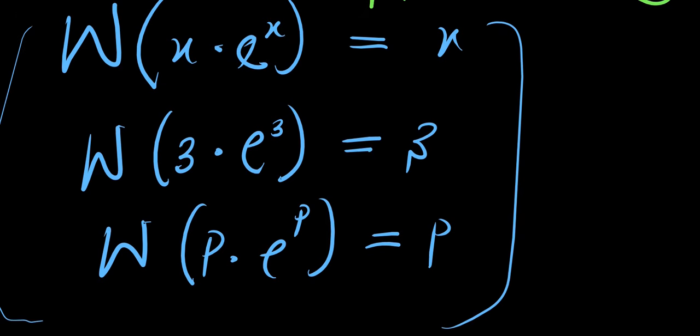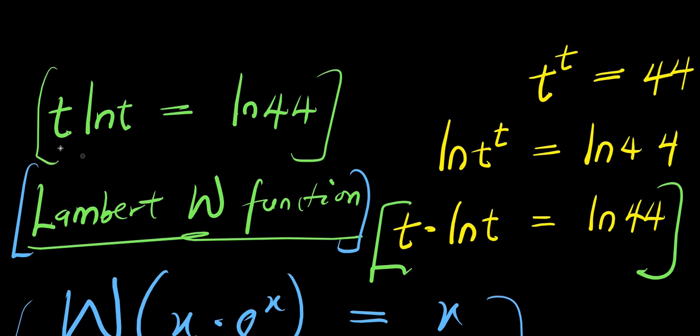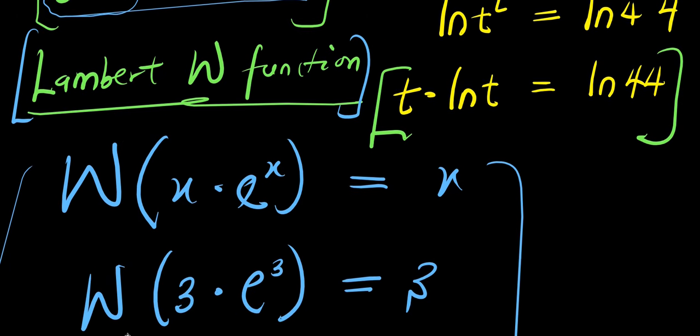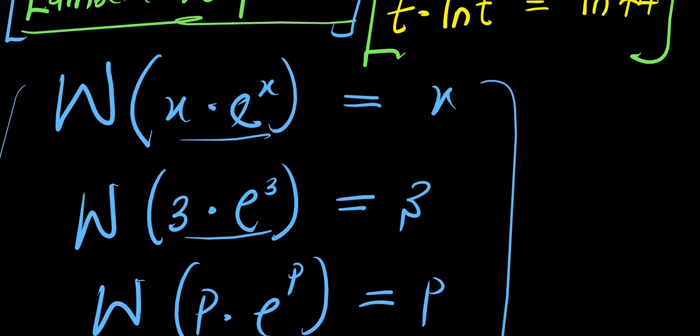Now, this function here is what will help us to solve this equation here. Now we are going to convert this part of the equation to a form just like what we have inside this bracket.